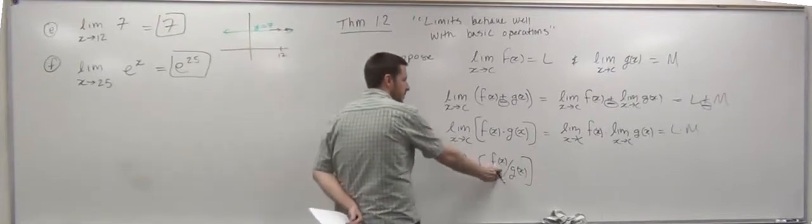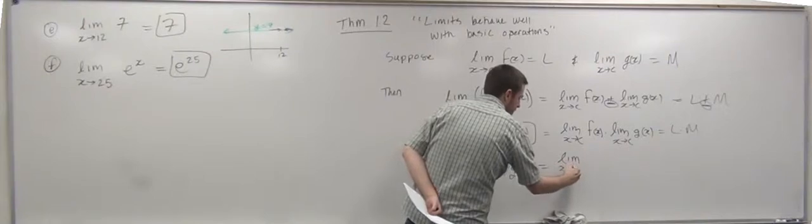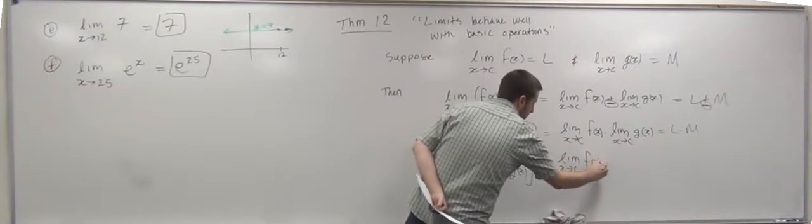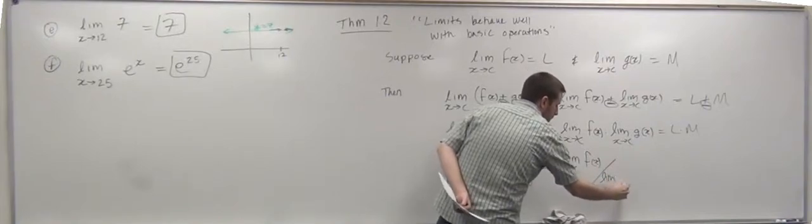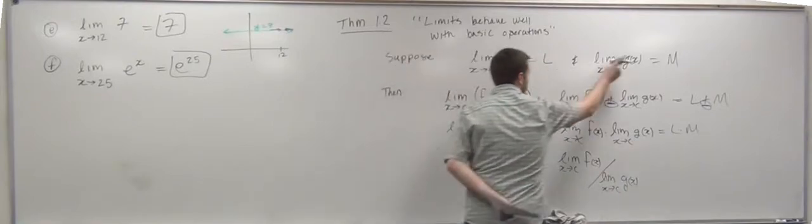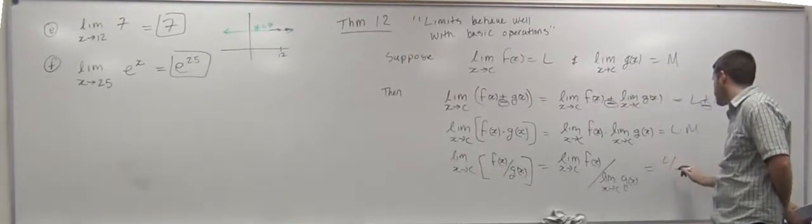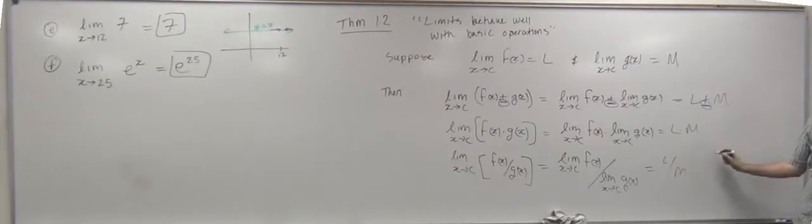Right, so this limit when you divide makes sense and it distributes, so it goes to the top and it goes to the bottom. So overall you'll just get L divided by M, whatever the first limit was divided by whatever the second limit was, as long as M is not 0.